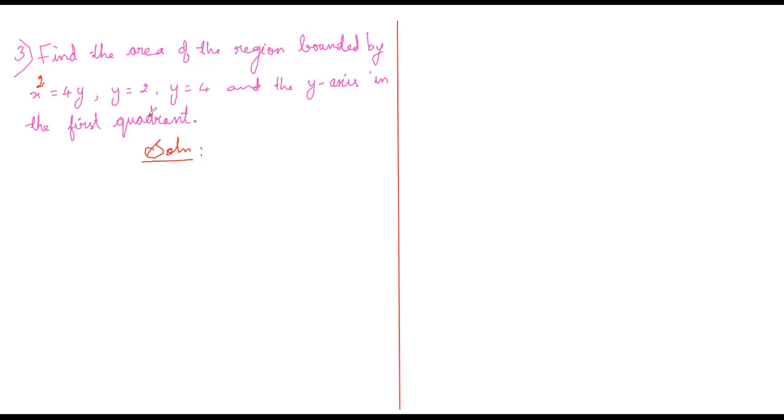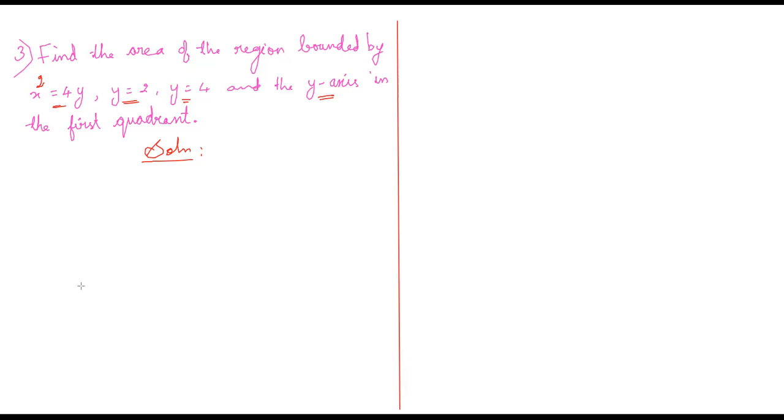So now let us find out the required region. Let us find the region that's bounded by x square equal to 4y, y equal to 2, y equal to 4, and the y-axis. So this is what we are going to find now. Let us draw the graph.